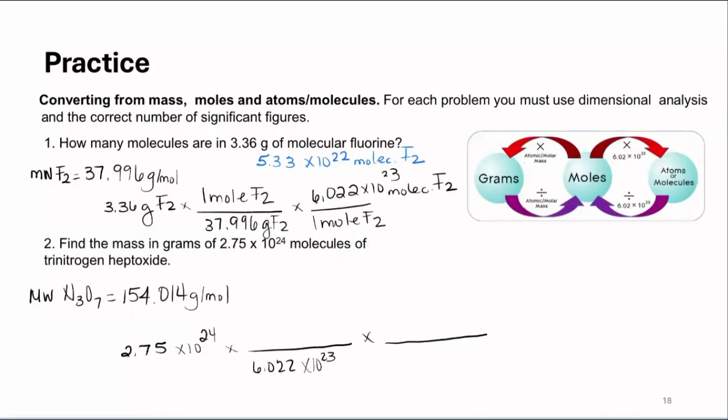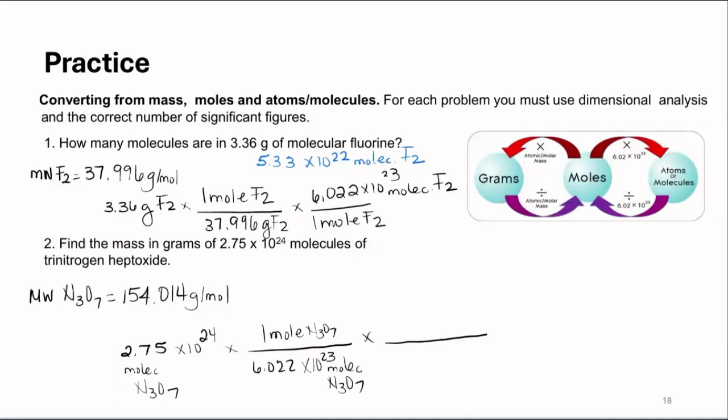And this is going to be molecules of N3O7, which is trinitrogen heptoxide. This is going to be molecules of N3O7 and 1 mole of N3O7.